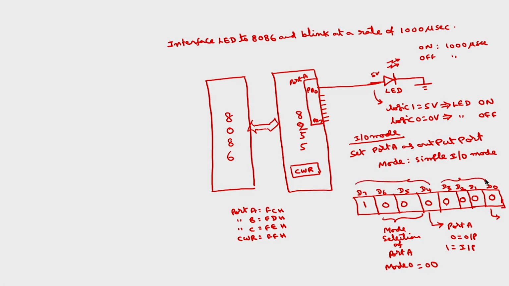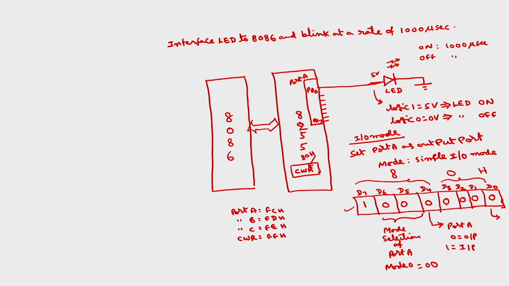This is 8 and this is 0, 80 hexadecimal. If I place this 80H into the control word register according to this control word format, this will set all the ports as output ports in mode 0 and in I/O mode.